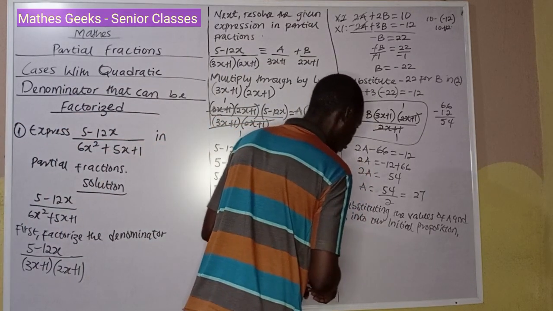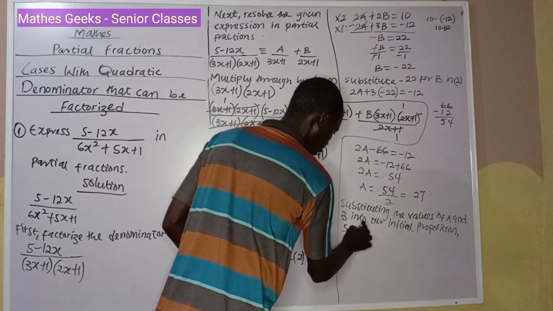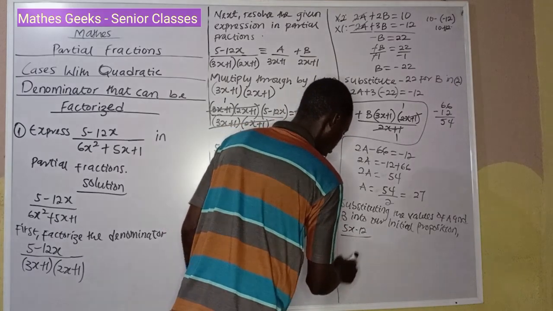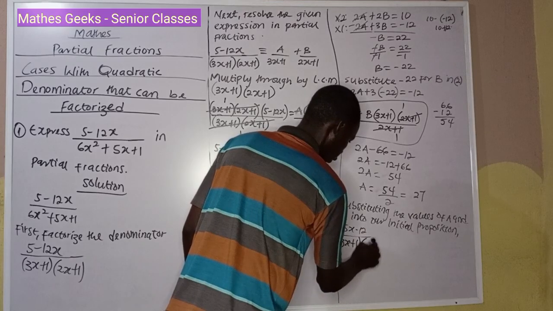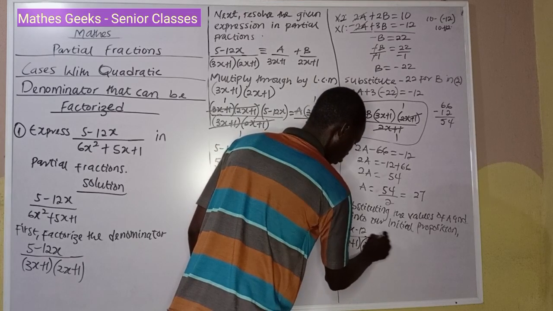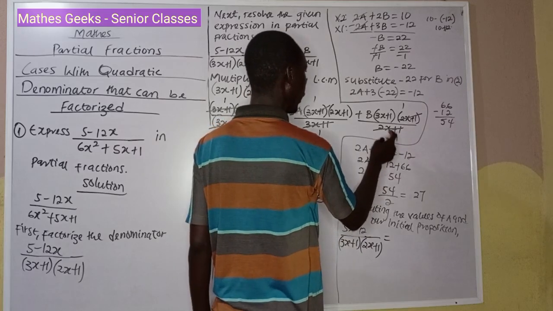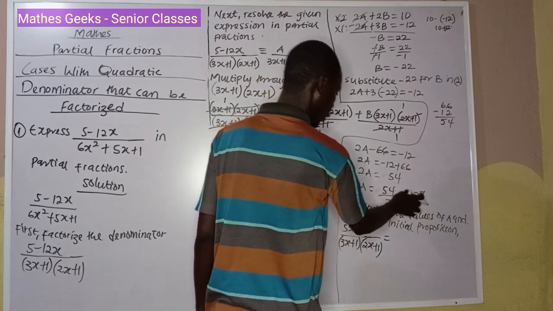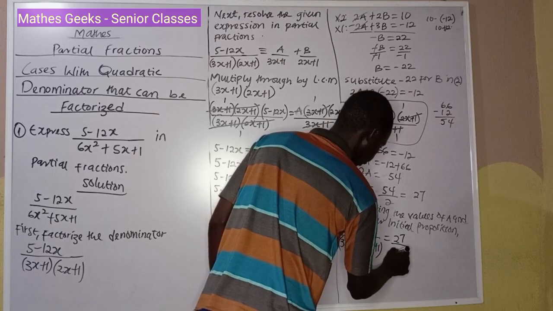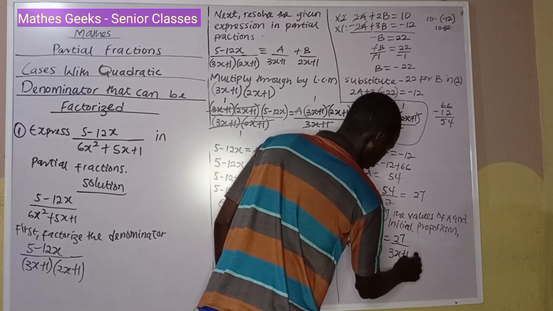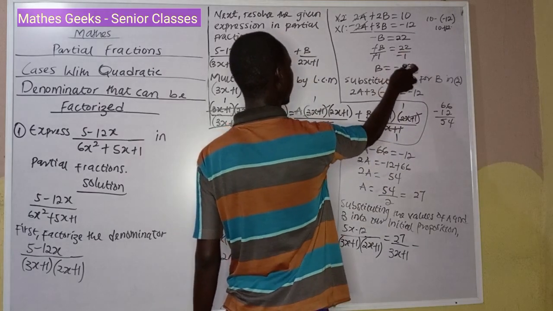Substituting the values of a and b into our initial position, we say let 5x minus 12 equals 3x plus 1 and 2x plus 1. This is the question. So our A is 27 over 2x plus 1, minus B is minus 22.